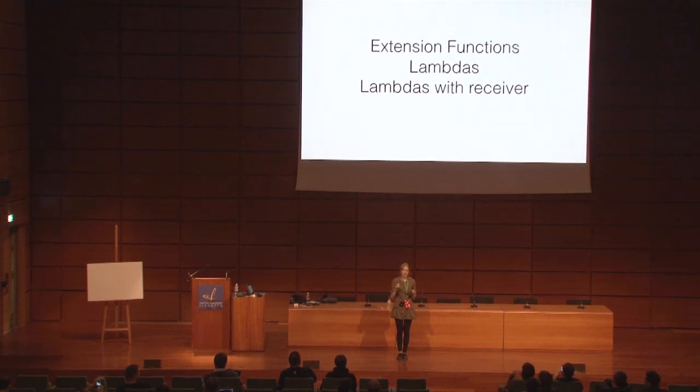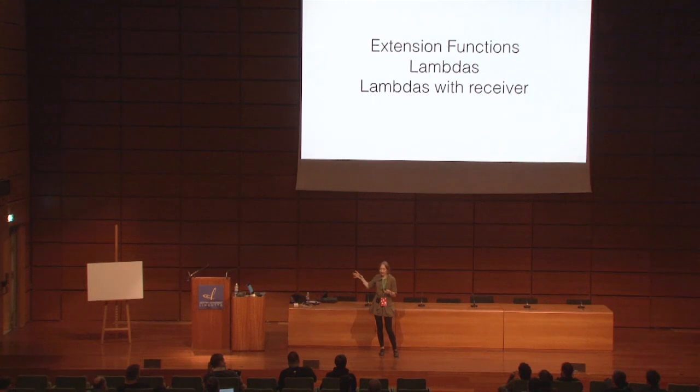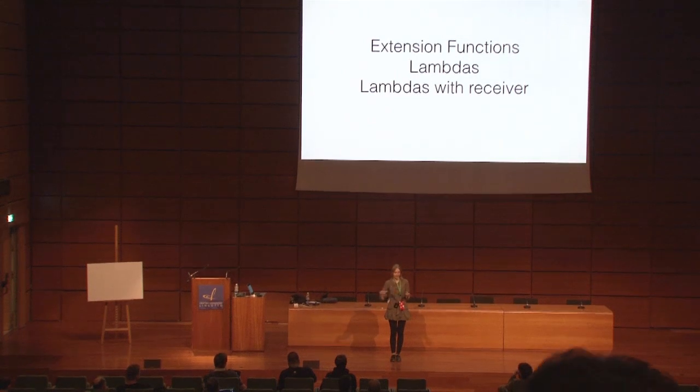The second one is lambdas. Who knows about lambdas? I think most of you. Great. And the last thing is exclusive for Kotlin. I do not know other languages that provide the same feature. It's lambdas with receivers. I would say it's the most advanced feature in Kotlin, and we'll cover it in a few minutes.